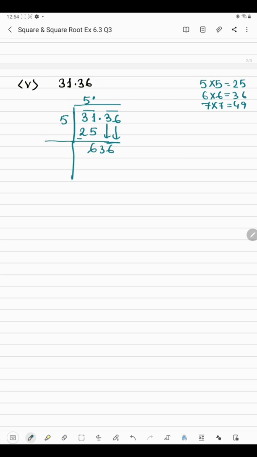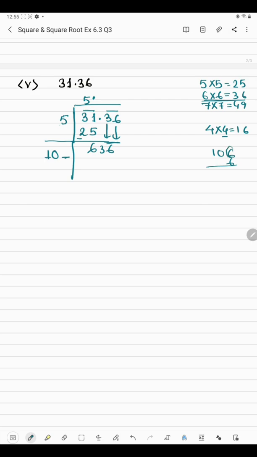So 5 plus 5 is 10. Now what should we put here? Here last digit is 6. So either it will be 6 into 6 or it will be 4 into 4, 16, right? So either it will be 4 or it will be 6. So let us put 6 here beside 10. So here we have got 106.